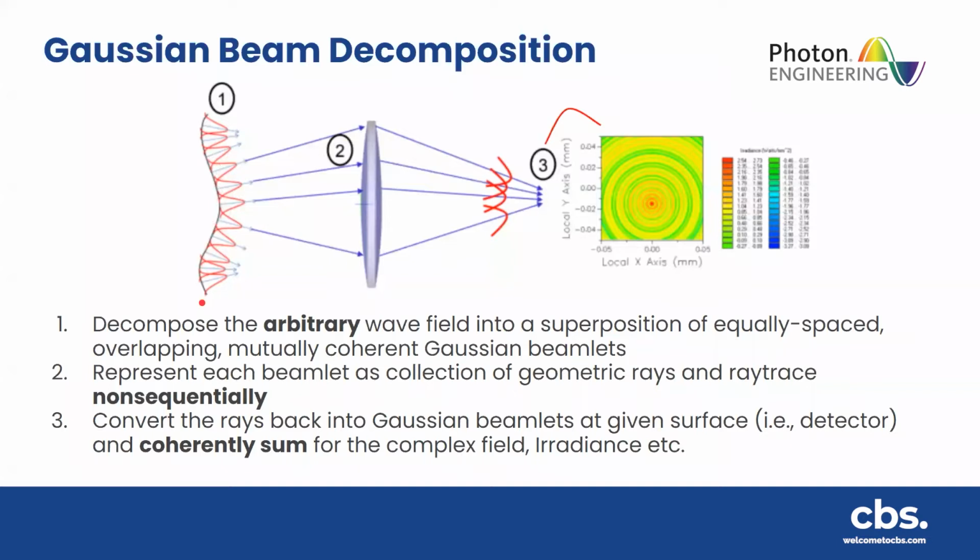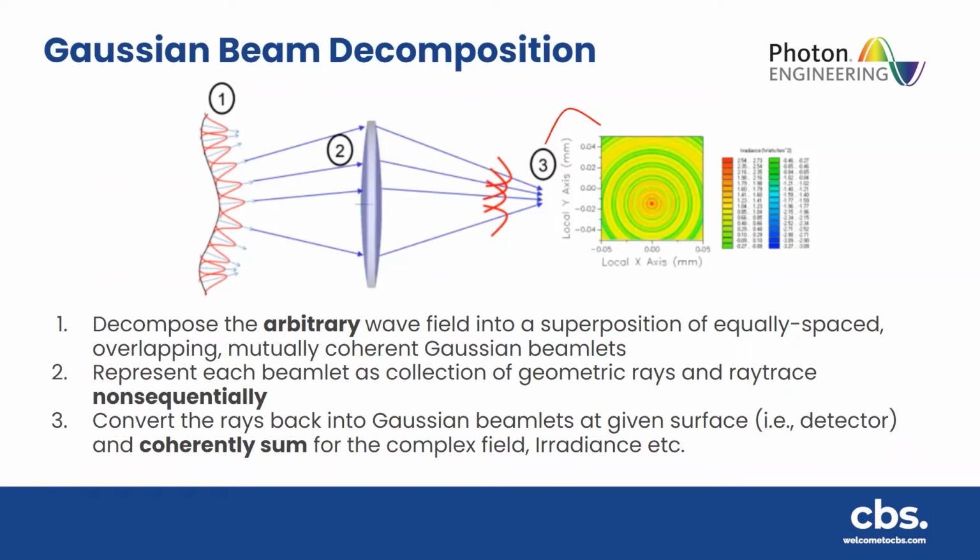That's just a mathematical solution, decomposing an arbitrary profile into a series of accumulating small Gaussian beams, and that's what these red lines indicate on the picture. So that's step 1, the decomposition. Step 2 is to trace these Gaussian beams through the system. Essentially, instead of tracing a ray through the system, we're tracing a small Gaussian beam.